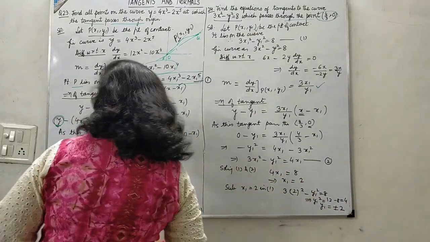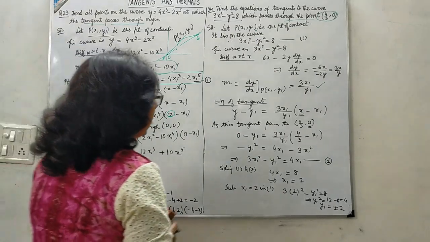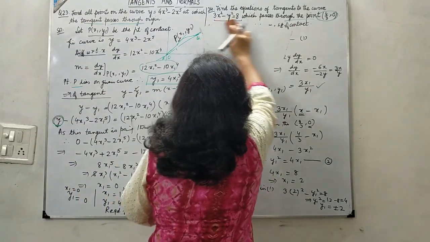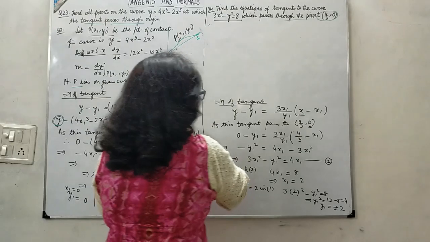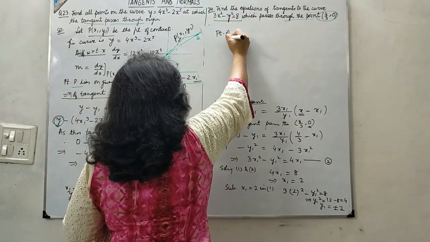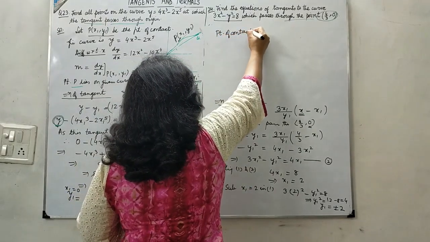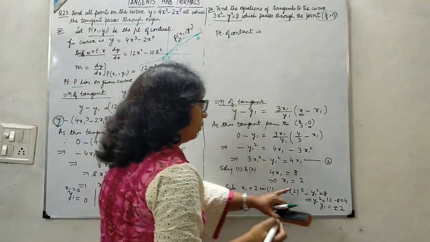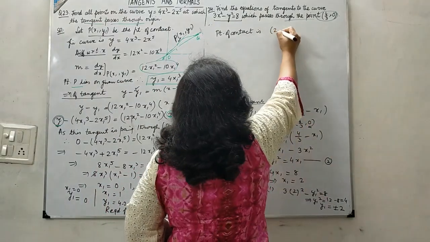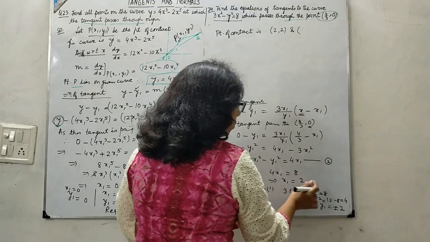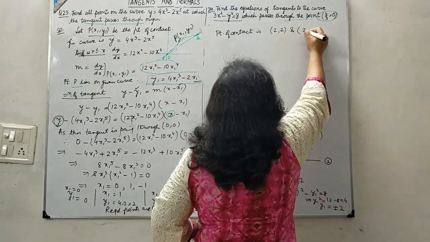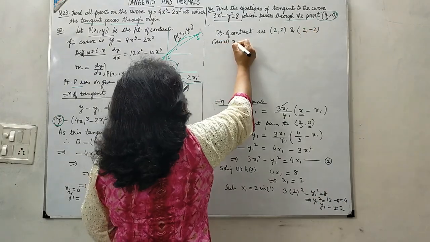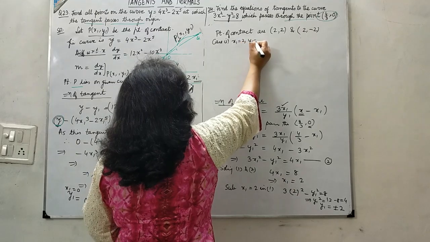So the points of contact are: one is (2, 2) and another is x1 is 2 and y1 is minus 2.